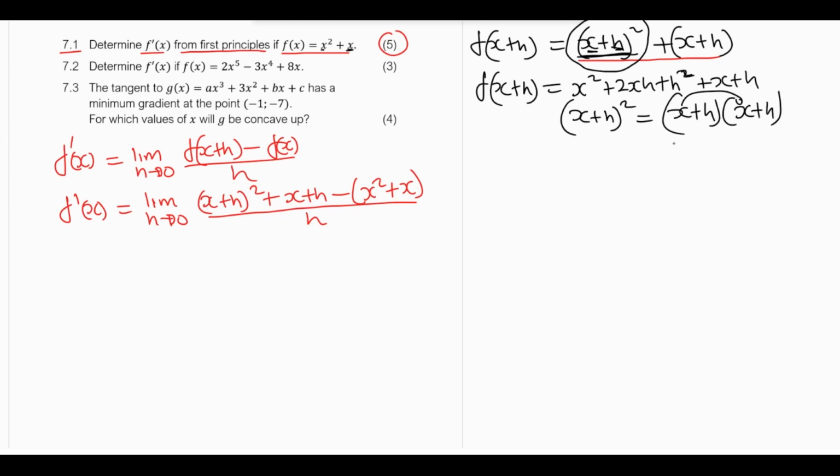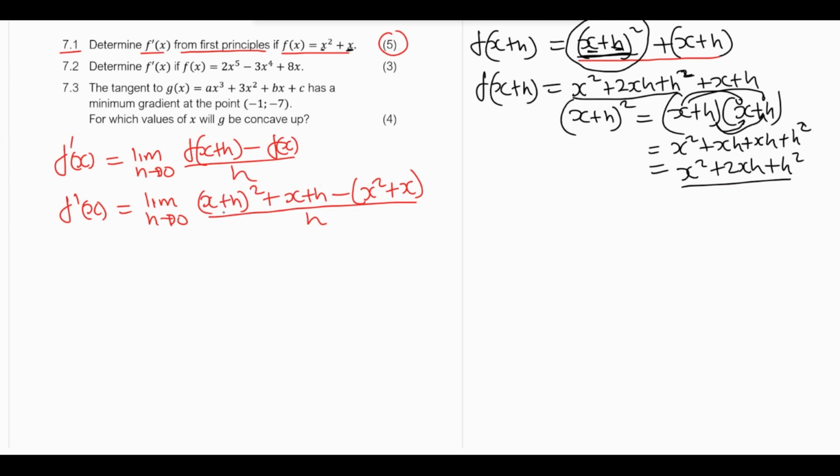So x times x, that is x squared, and then x times h, that is xh, then h times x, this is xh, and then h times h, that is h squared, which simplifies to x squared plus 2xh plus h squared. Okay, right, which is this part here.